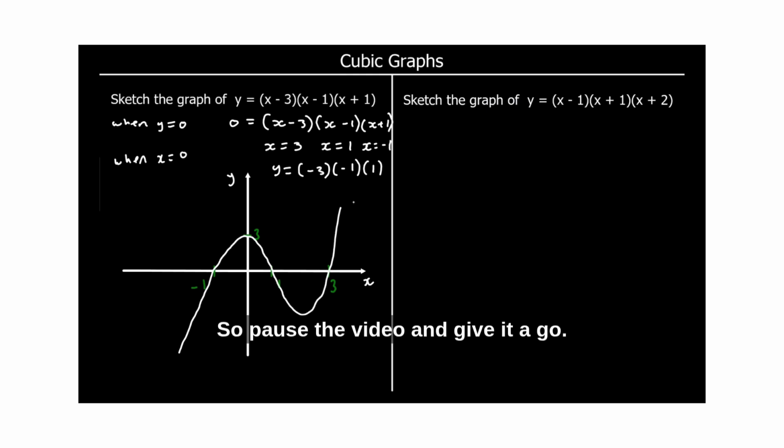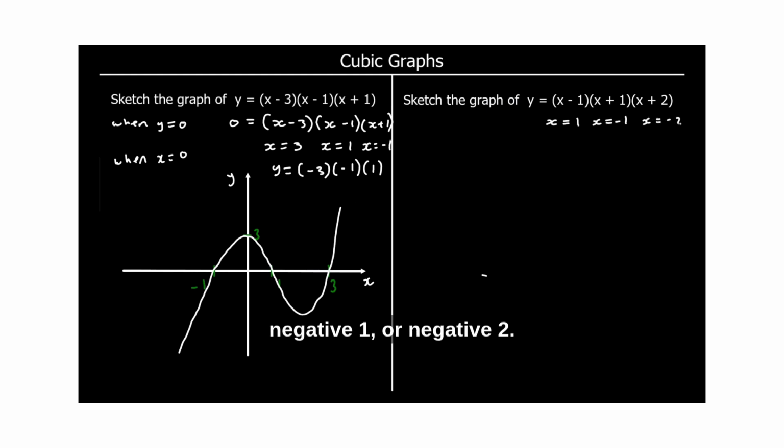One for you to try, so pause the video and give it a go. So again, it will cross x when y is 0, and it will cross y when x is 0. So when y is 0, we'll have x can be 1, negative 1, or negative 2.